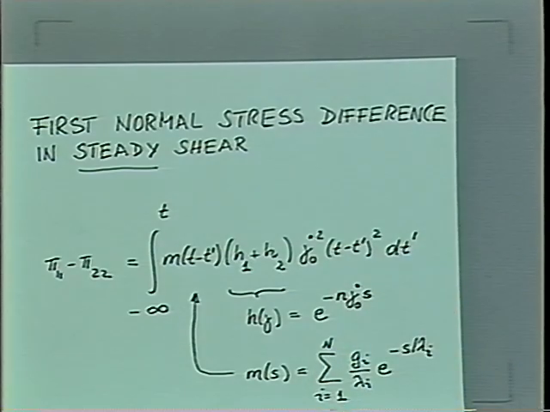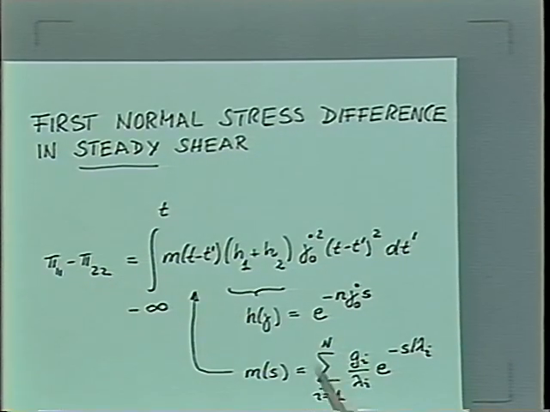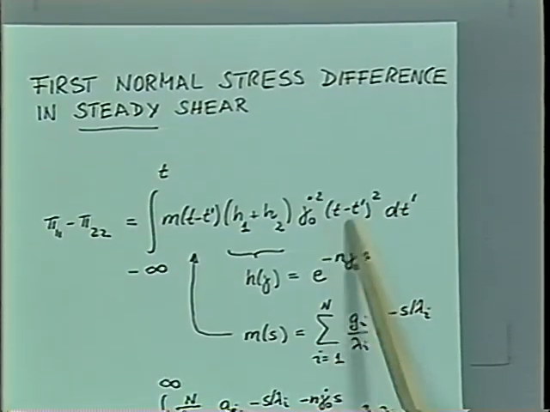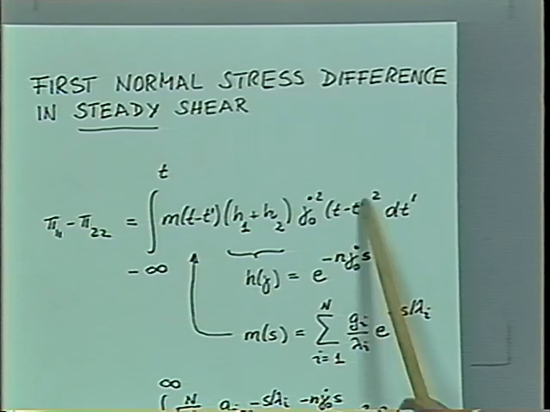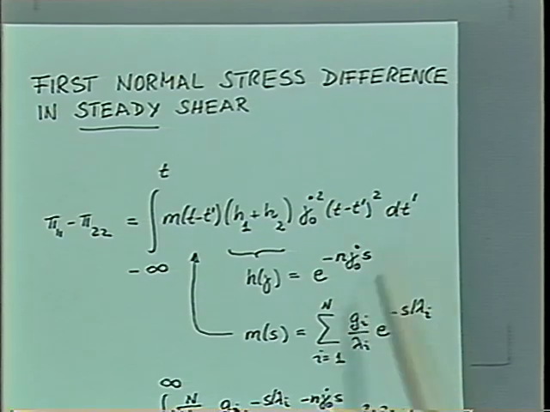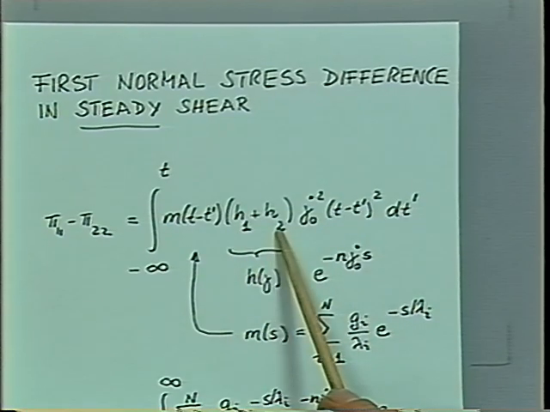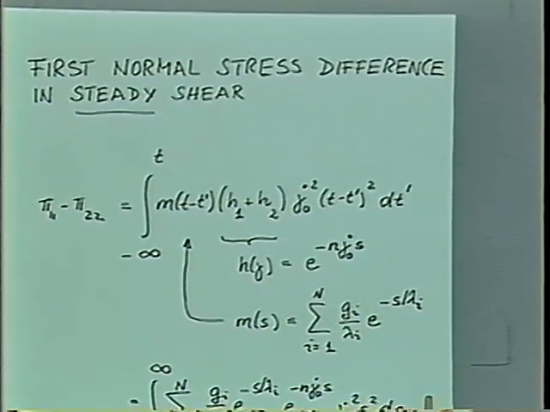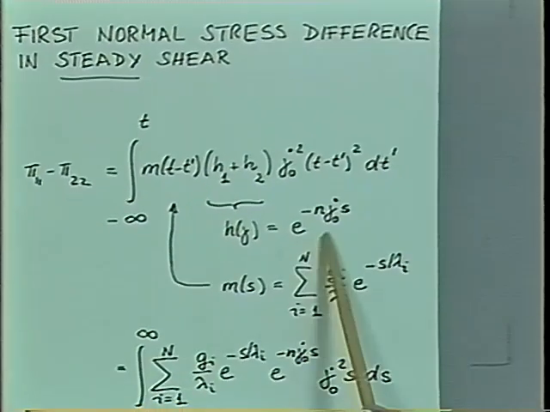The first normal stress difference is given by gamma dot squared times the time between t and t prime, squared. This is really the strain squared times H1 plus H2. Now both of them come in, they are lumped together, so we're just using one H in this case. We cannot distinguish between the two.